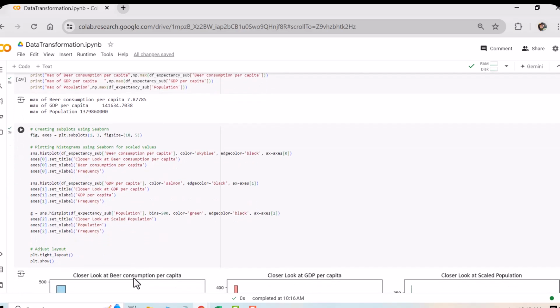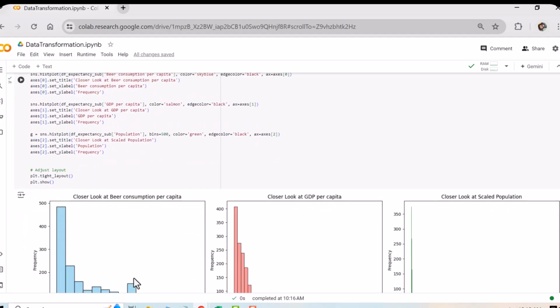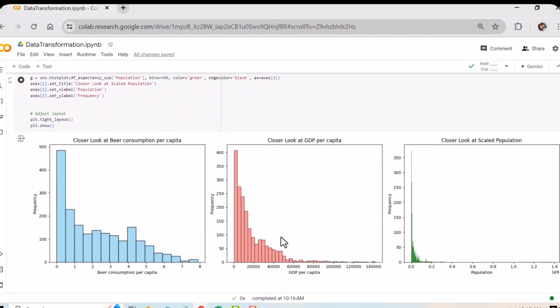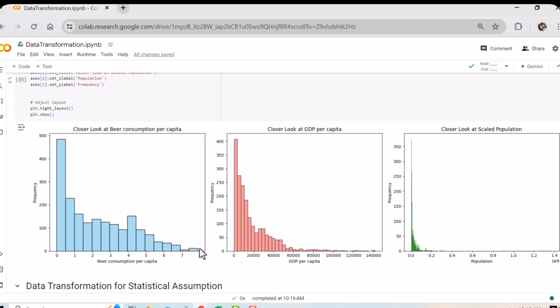If we again have a look through histograms for these particular columns, beer consumption, GDP and population, of course they are positively skewed, but here the purpose is to look at the magnitude, which is varying in all these three. To compare these, we need to get rid of units and bring them on one single scale so that we can measure them through one single scale.